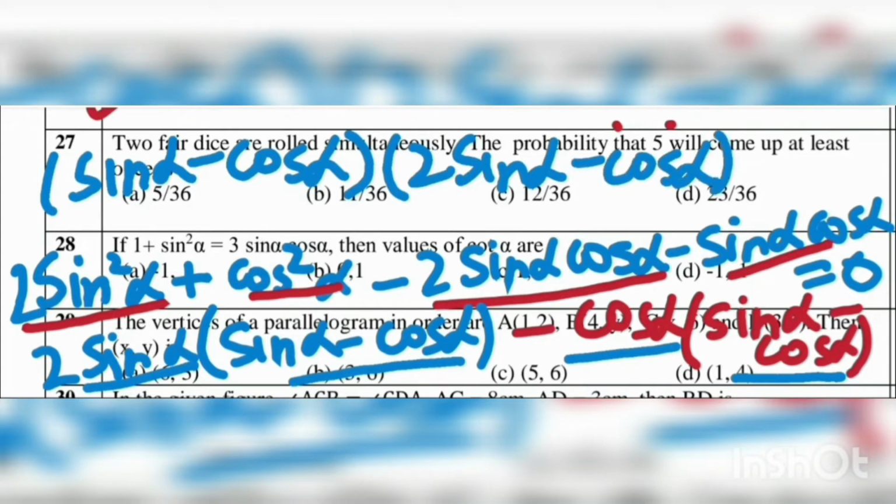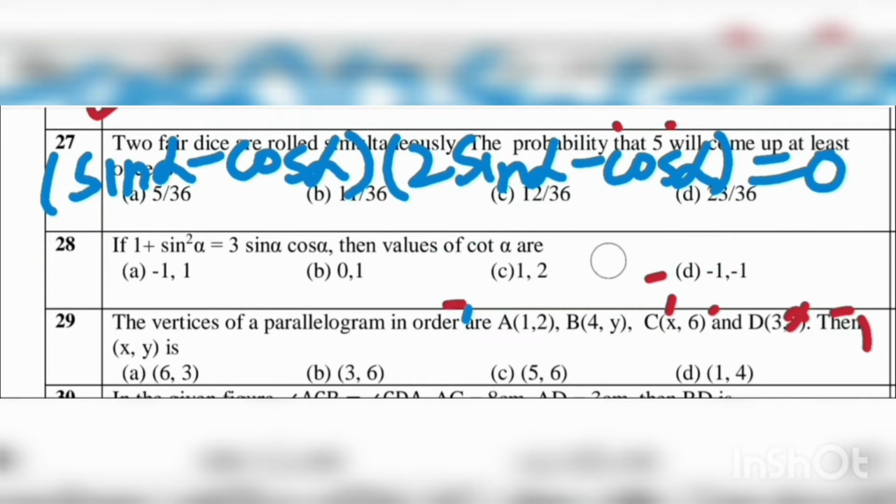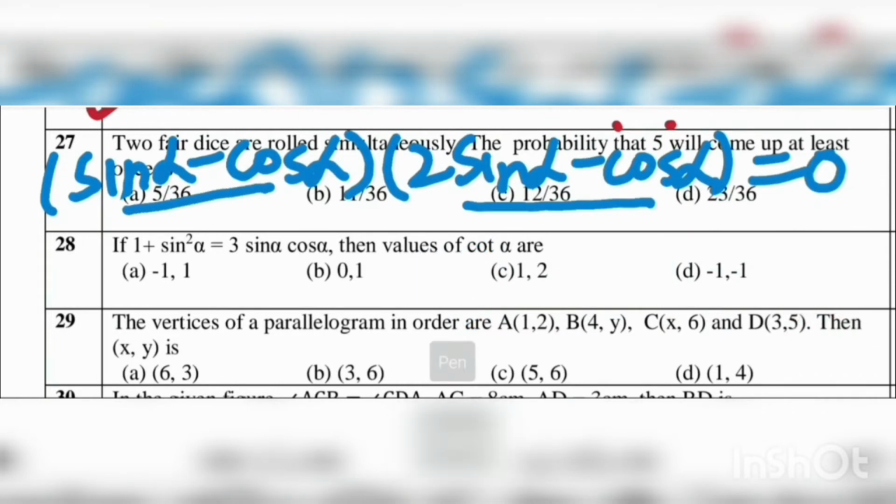Now we have got this. Now we have to find the value of cot alpha. Now you see these two brackets' product is 0. The product is 0 if and only if either of these terms is 0.